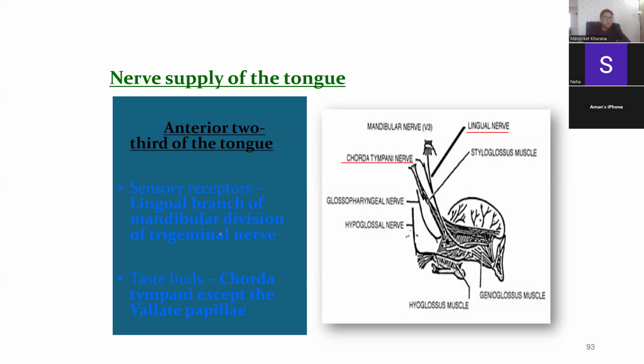Now, the anterior two-third of the tongue. Which two nerve supplies should it have? They are derived from the first and second branchial arches. They are supplied by the mandibular branch of the trigeminal and the facial nerve.